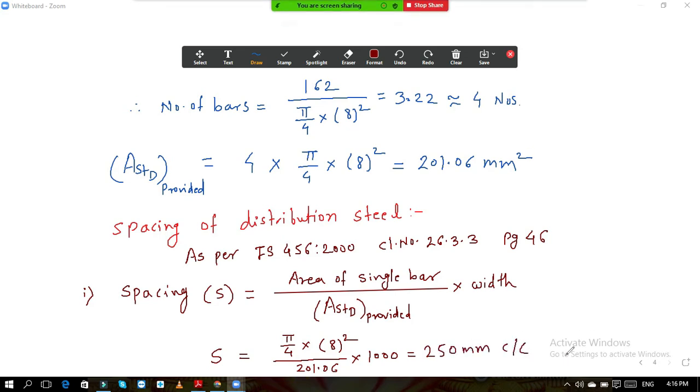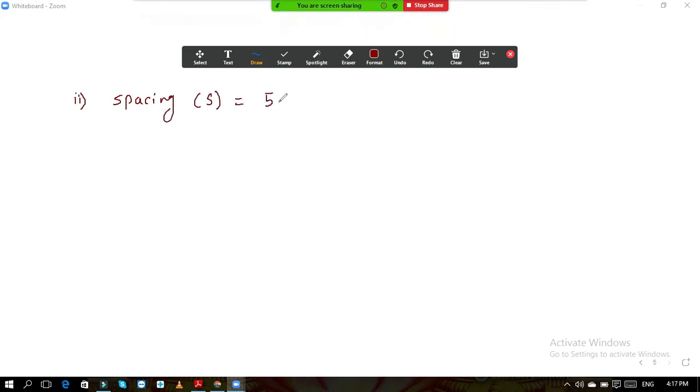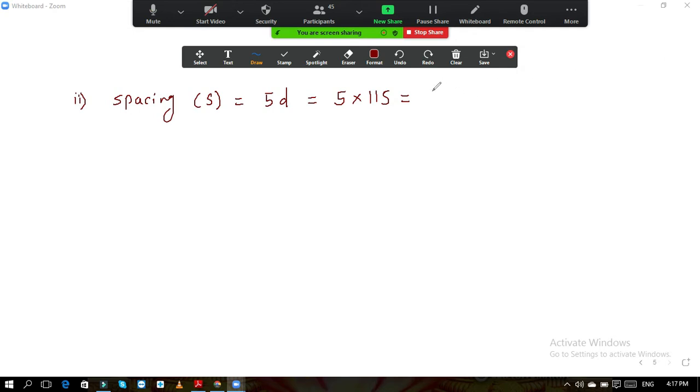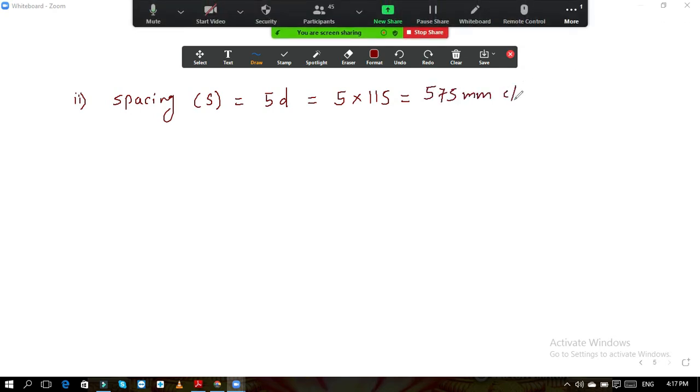center to center. Now according to the IS code, the second criterion is spacing S equal to 5 times effective depth, which is 5 into 115, that is 575 mm center to center.